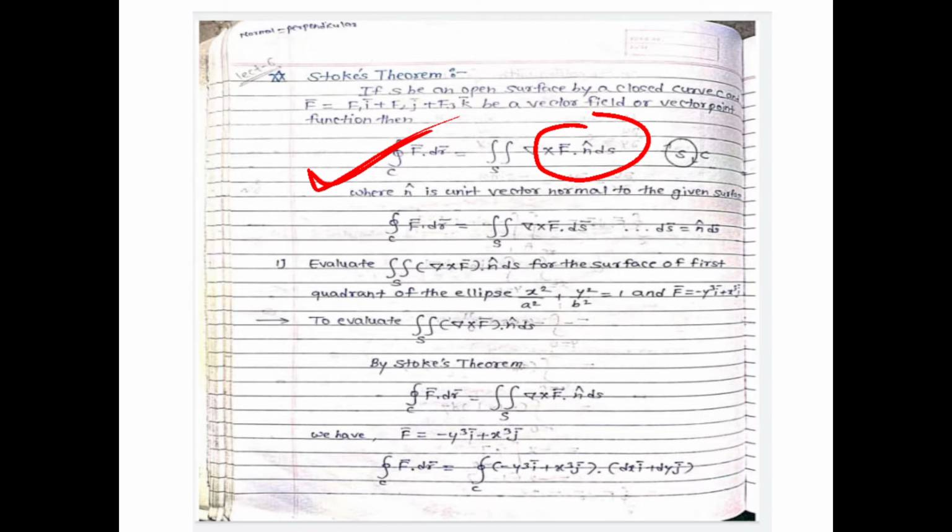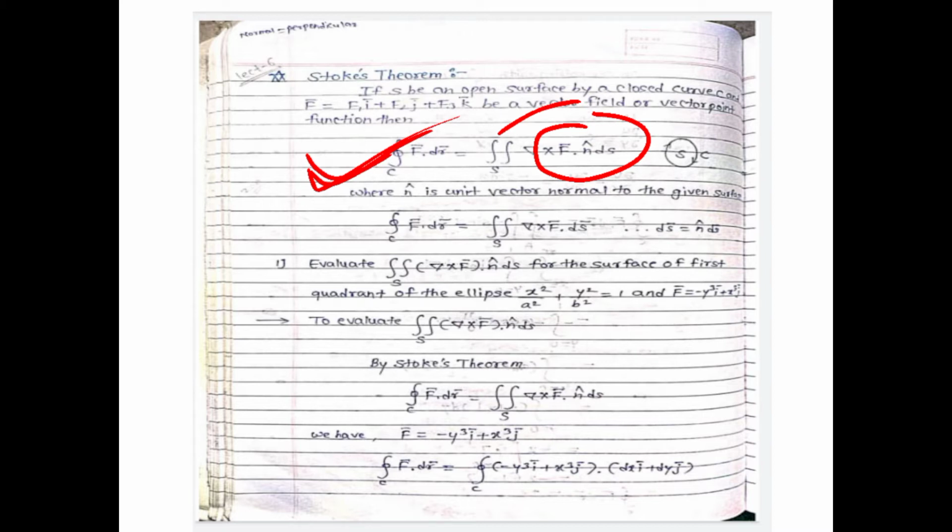Here the logic behind Stokes theorem is that if in the question we have to find the value of a single integration, that is the integration over closed curve C of F bar dot dr bar, then we have to solve for the double integration. With the help of the double integration we are going to find the value of the single integration.